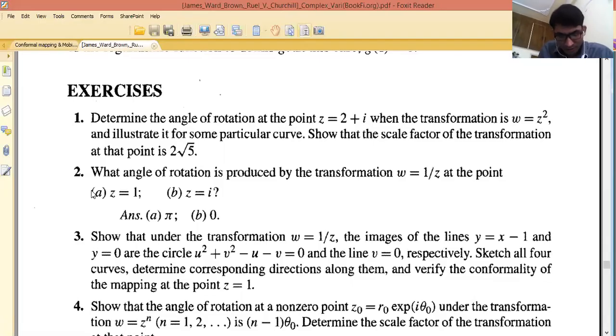And the second question is y greater than 0 and less than half. For y equals 0, v equals 0. And for y equals 1 upon 2, everyone knows that this is a circle.